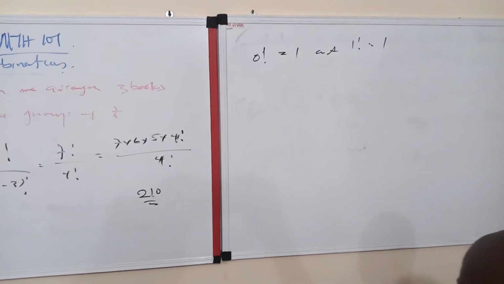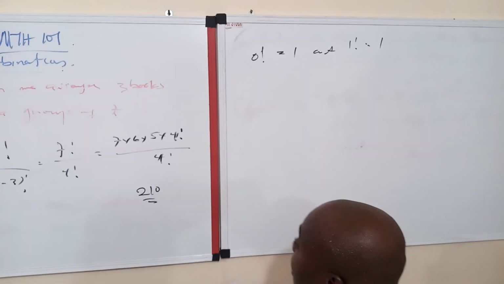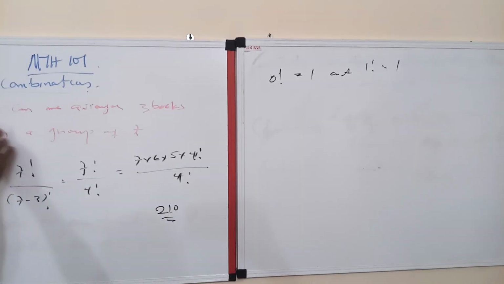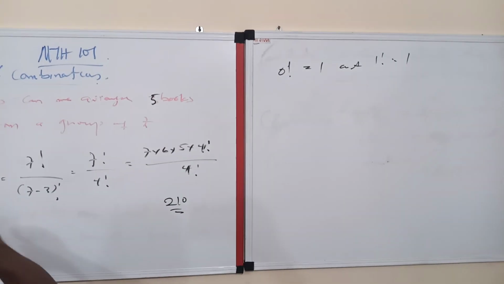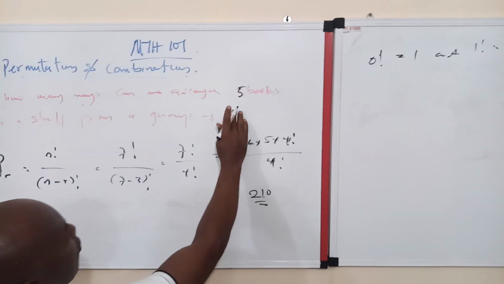In how many different ways can we arrange 5 books on a shelf from a group of 5?